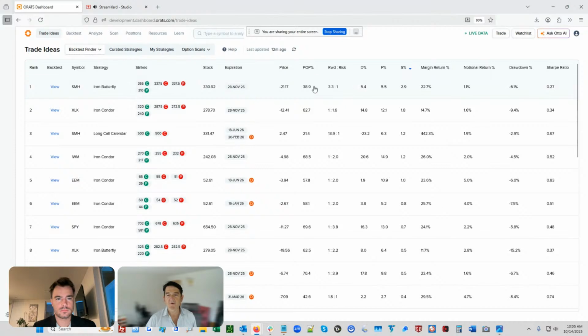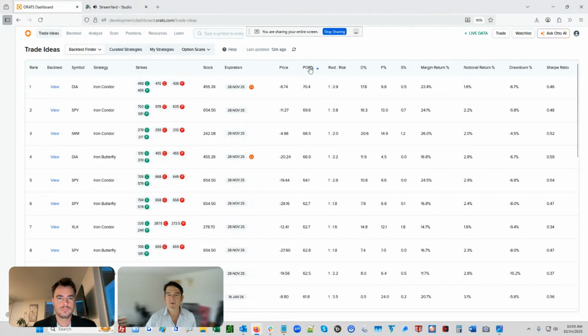These are all very related. You want those to relate. I'll often just sort these and try to get the best risk reward setup, and the probability of profit is sometimes a good way to use that.